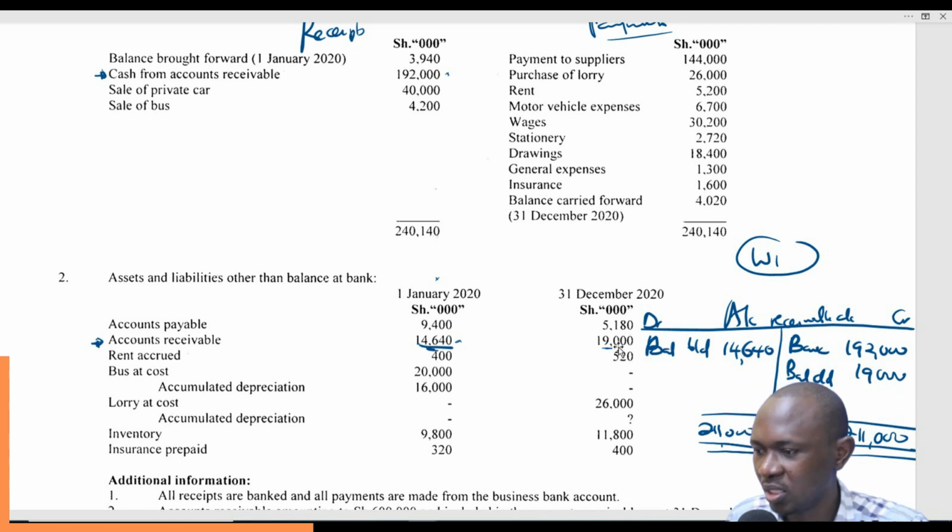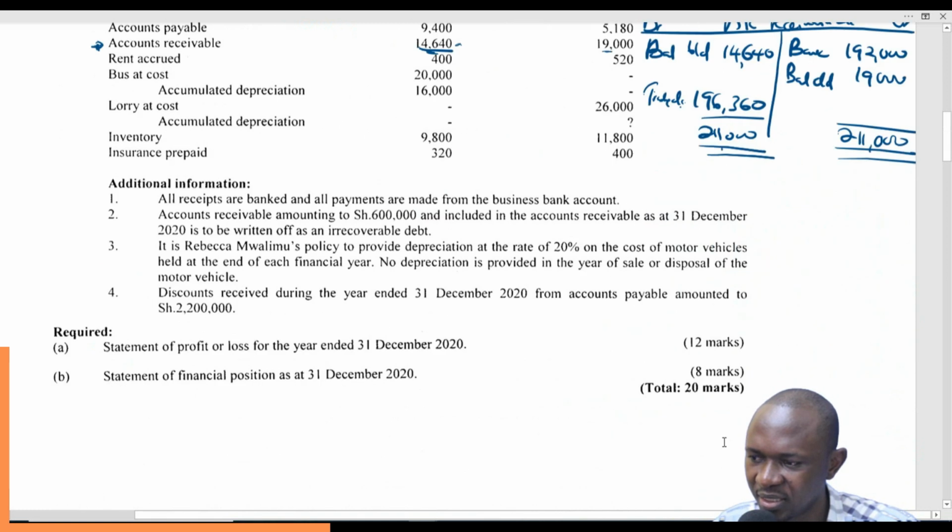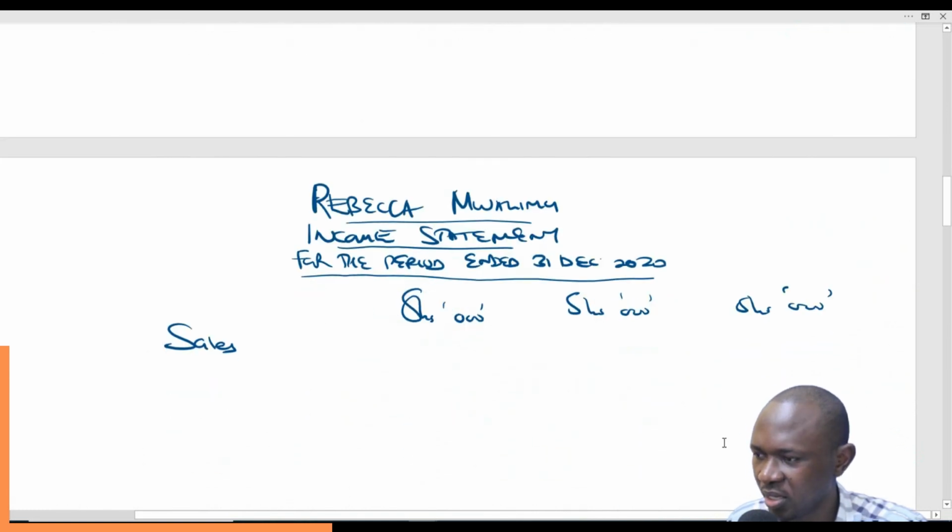This gives us 196,360. This is what will now transfer to the trading account. So the figure that will go there will be 196,360. We simply come here and say sales 196,360.